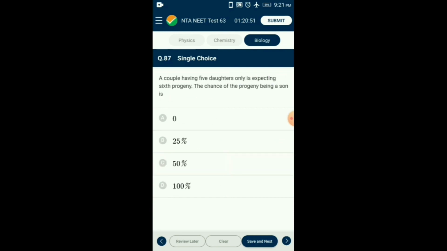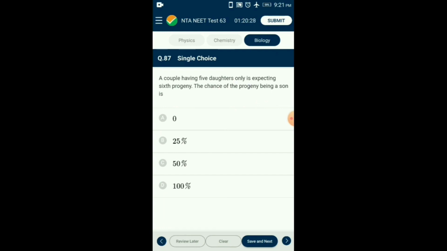Question number 87. A couple having 5 daughters only is expecting a 6th progeny. The chance of the progeny being a son is. A family of 5 daughters only is expecting a 6th issue. The chance of its being a son is 50%.